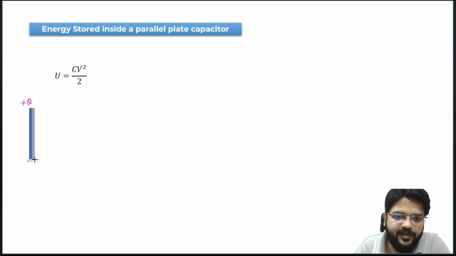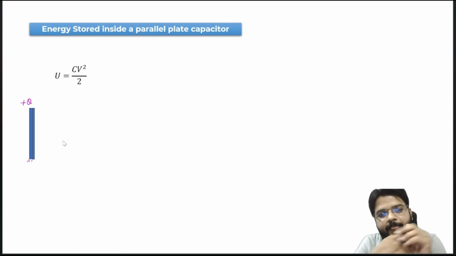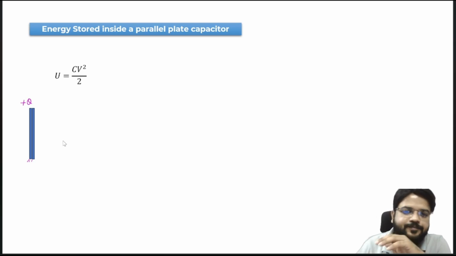So this second plate is very close to the first plate, correct? But between these two plates we have a little bit of separation, correct? And on the second plate we have minus Q charge.